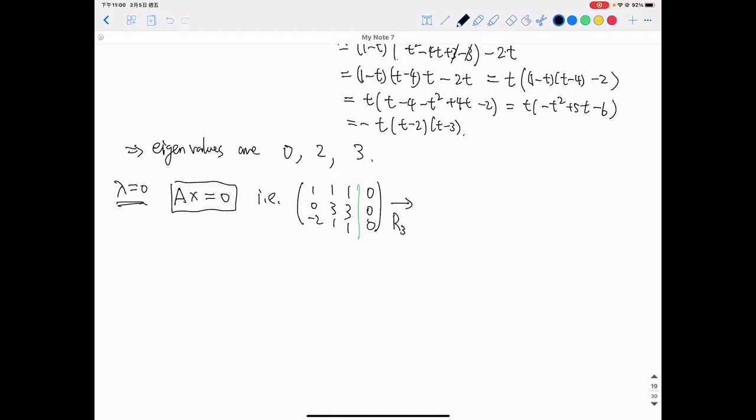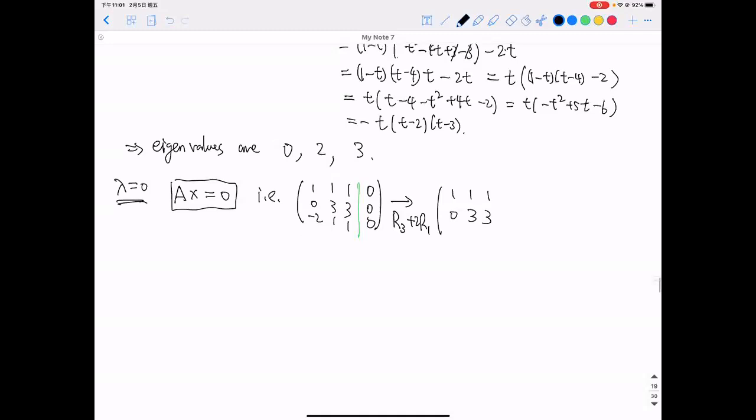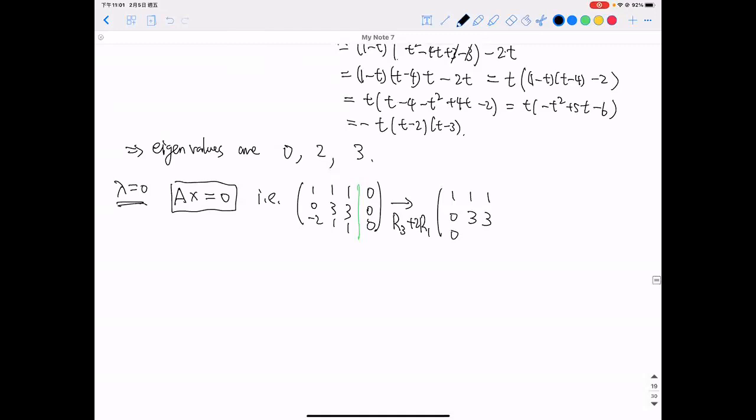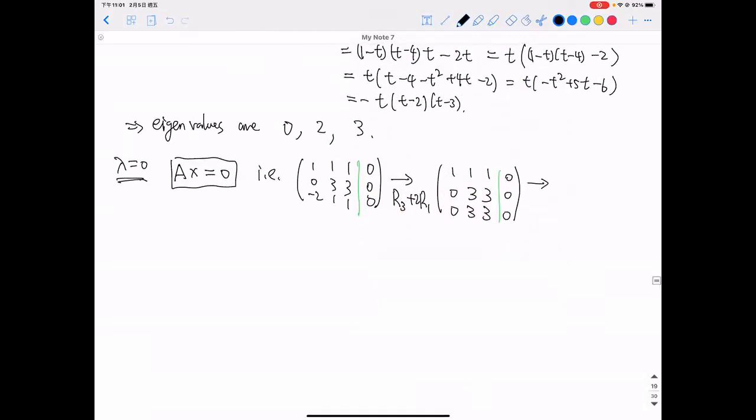Now what do we do? We take R3 plus 2 R1 to get rid of the negative 2 there. So 2 R1: minus 2 plus 2 is 0, 1 plus 2 is 3, and 3. Good. Now you see that row 2 and row 3 are just equal.